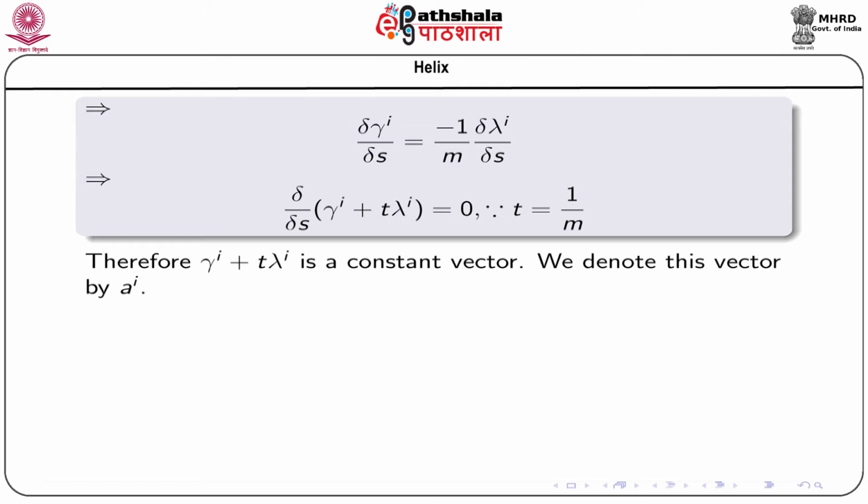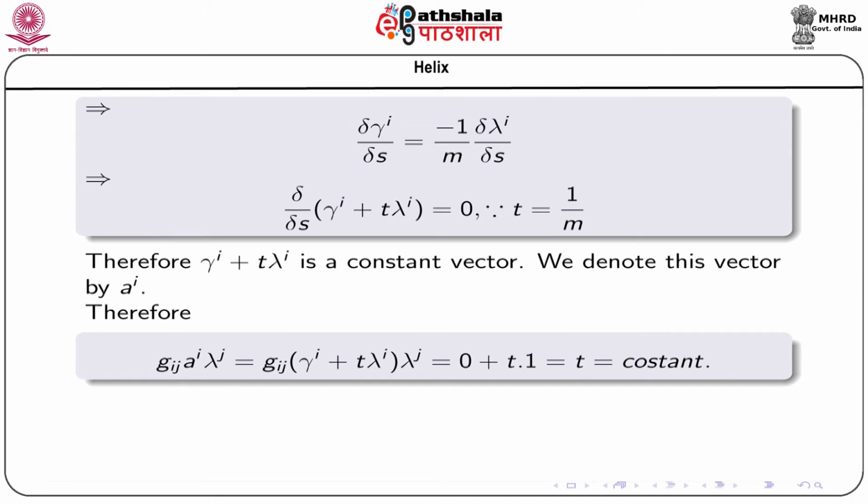Therefore, gamma^i plus t lambda^i is a constant vector. We denote this vector by a^i. Therefore, G_ij a^i lambda^j can be expressed as G_ij (gamma^i plus t lambda^i) lambda^j, that is equal to t, which means it is a constant.